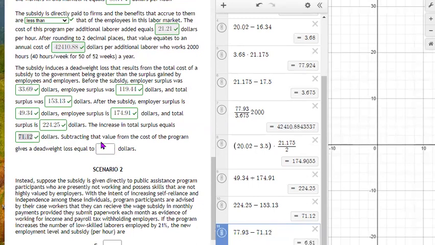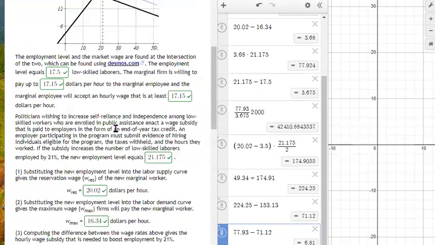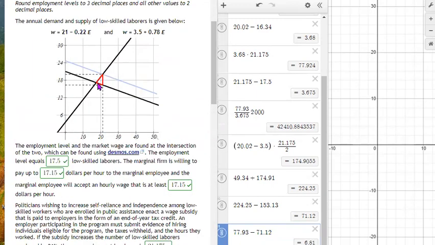That gives us the deadweight loss. And the deadweight loss is this red triangle. If you look to the left of this red triangle, you've got this white shape with an indentation in it.